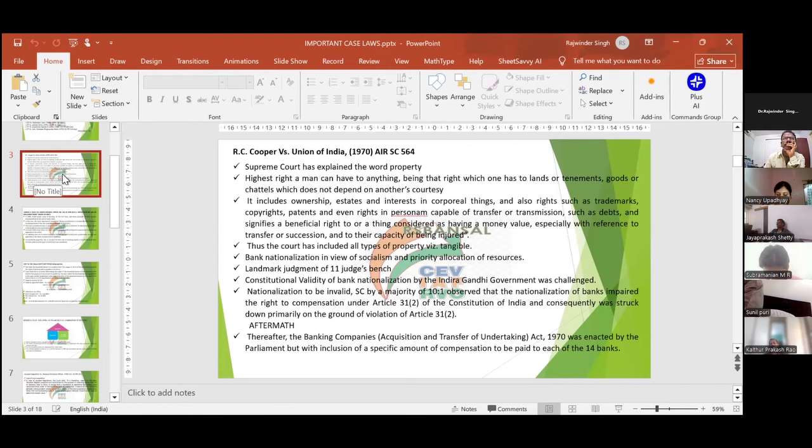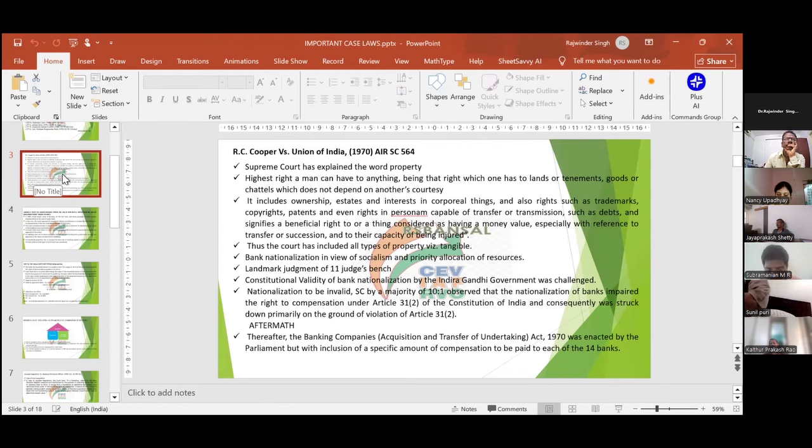But after the pronouncement of this judgment, the Banking Companies Acquisition and Transfer of Undertaking Act 1970 was enacted by the parliament, with the inclusion of a specific amount of compensation to be paid to each of the 14 banks.